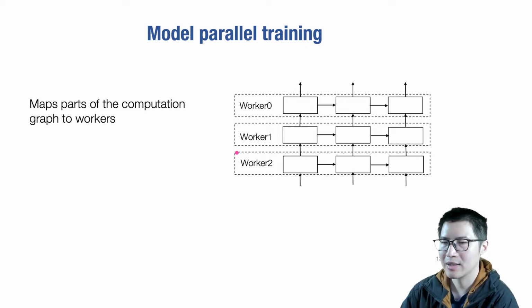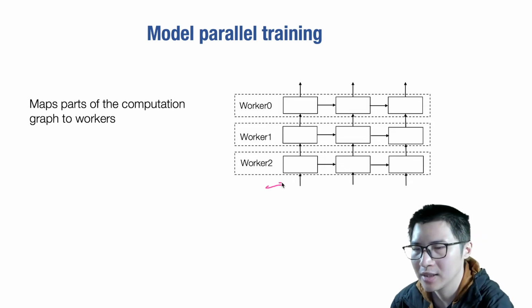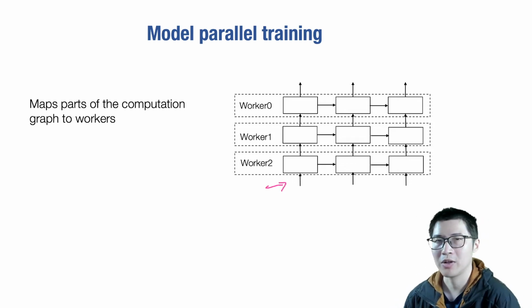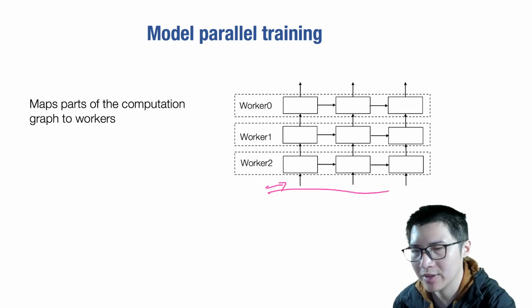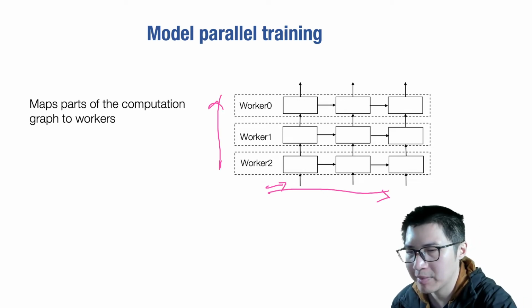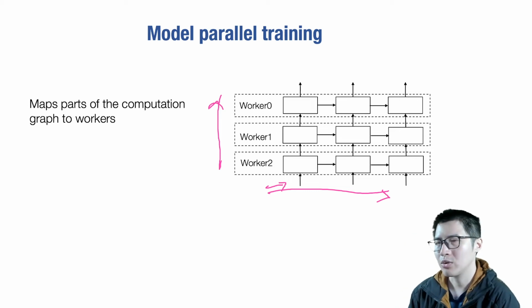In this case, this is a particular model that corresponds to what we call a recurrent neural network, where you have a sequence length dimension and a depth dimension here. And we can try to map each parallel computation here.